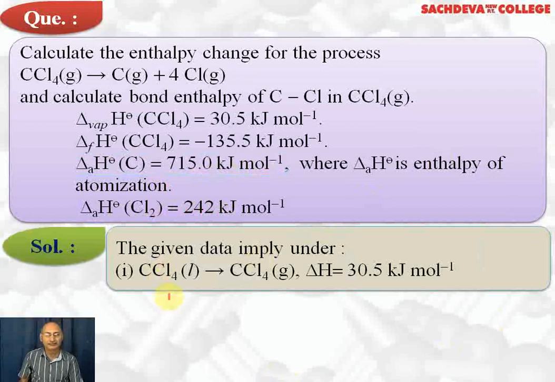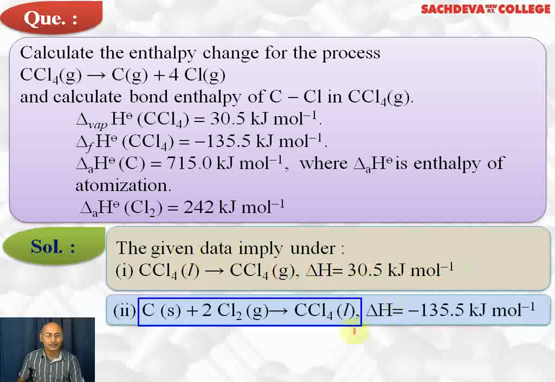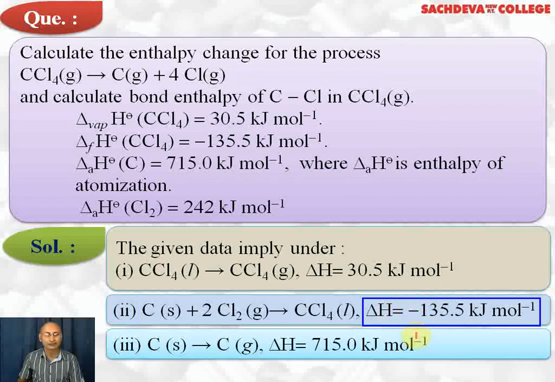Delta H vaporization we can write like this: CCl4 liquid changes to CCl4 gas, and delta H is equal to 30.5 kilojoules per mole. Carbon solid plus 2Cl2 gas gives you CCl4 liquid, so delta H of formation can be represented like this: minus 135.5 kilojoules per mole.